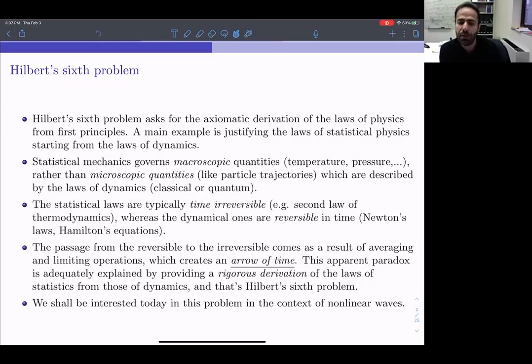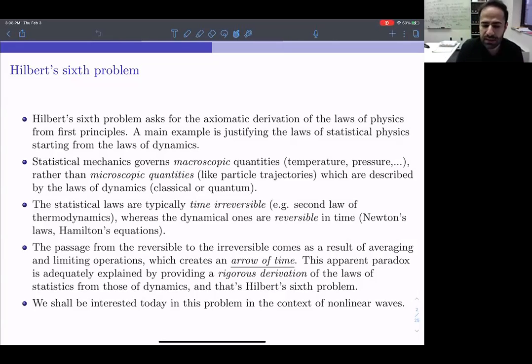This apparent paradox is called the creation of the arrow of time, which happens because we pass from something reversible to something irreversible, and it comes as a result of some averaging and limiting operations. Anyway, Hilbert's sixth problem is exactly asking for a mathematically rigorous resolution of this apparent paradox.